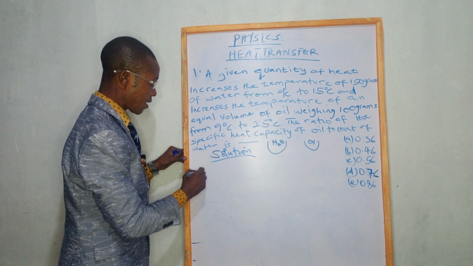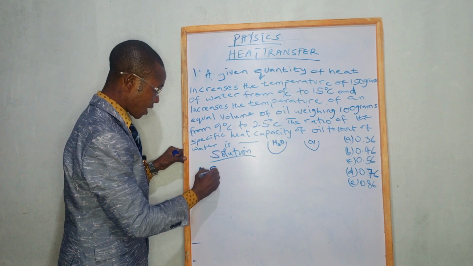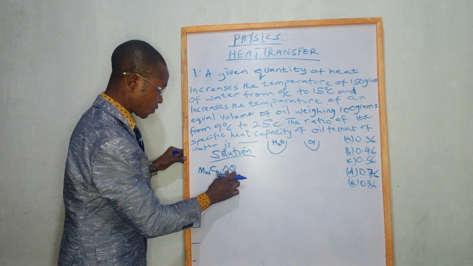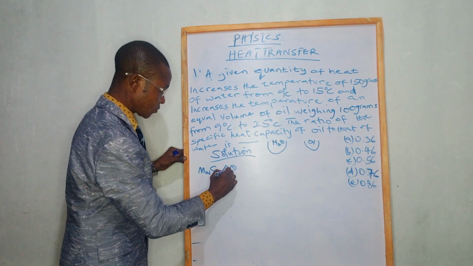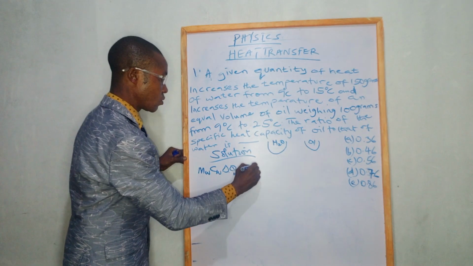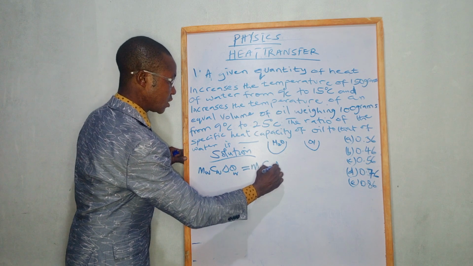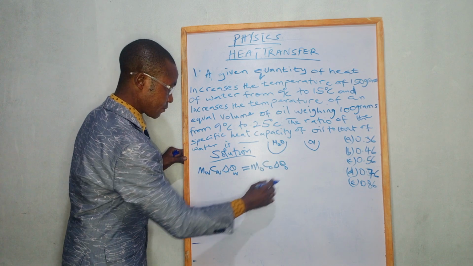We have mass of water times specific heat capacity of water times change in temperature of water, is equal to mass of oil times specific heat capacity of oil times change in temperature of oil.